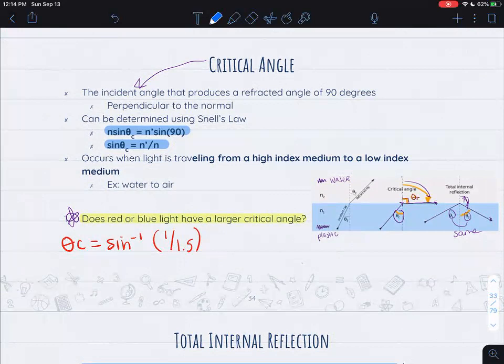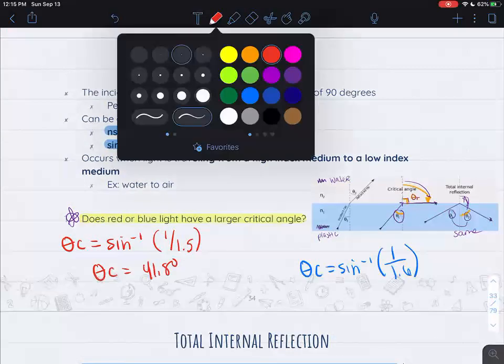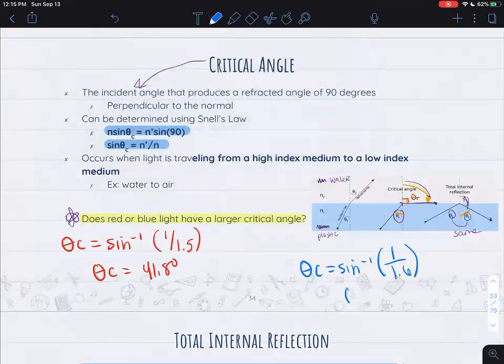And for the blue light, we can say it can be 1.6 because we know it's going to be a little bit higher, which 1.5 to 1.6 is an exaggeration. Typically the differences in index of refraction for different wavelengths in the same material are a much smaller difference, but still different. And then if you solve these, for this one, you get the critical angle equal to 41.8 degrees. And then for the blue one, you get the critical angle equals 38.7.